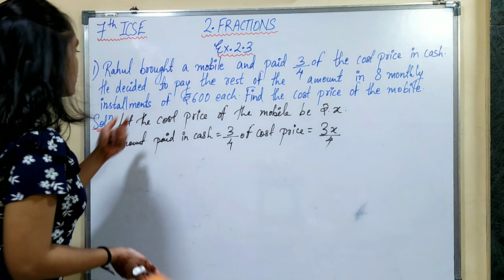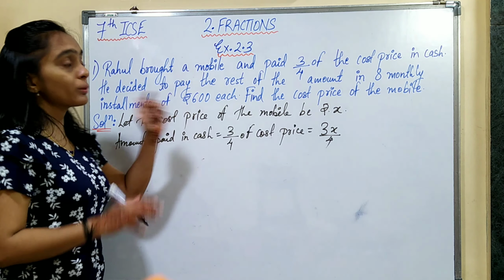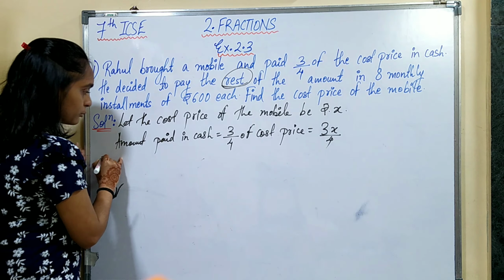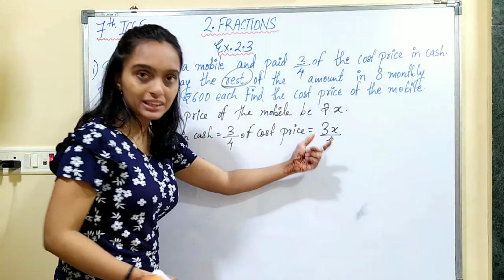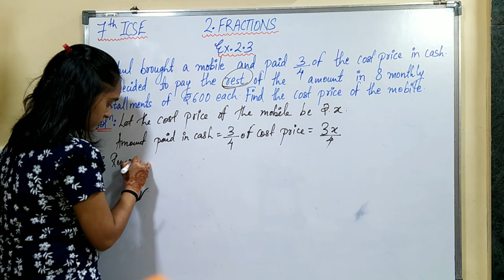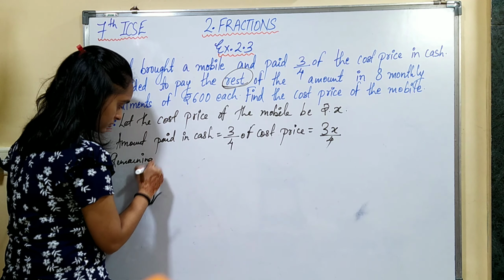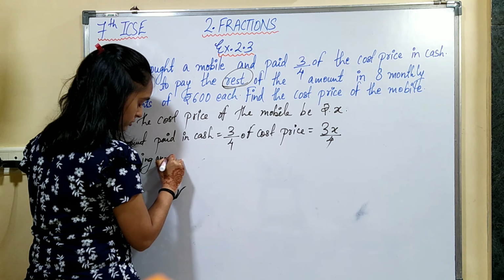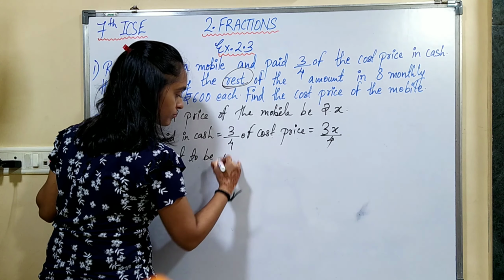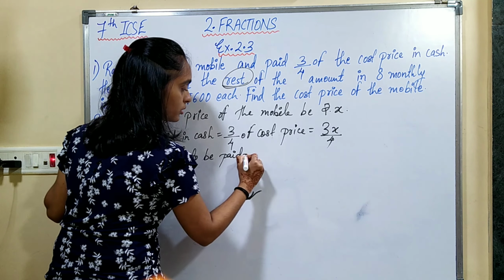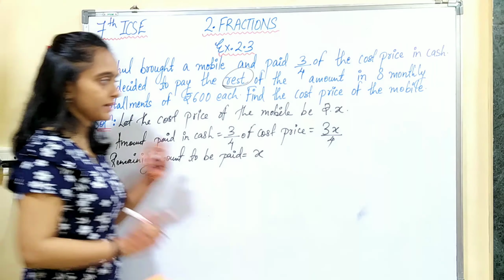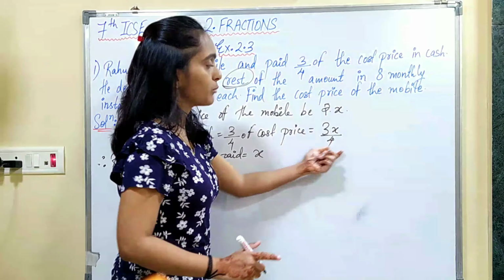Okay. Now he decided to pay the rest of the remaining amount. So therefore, after paying this amount in cash, how much amount is remaining? Remaining amount to be paid will be what? Total amount was X, that is cost price was X, and in that this much amount was paid.